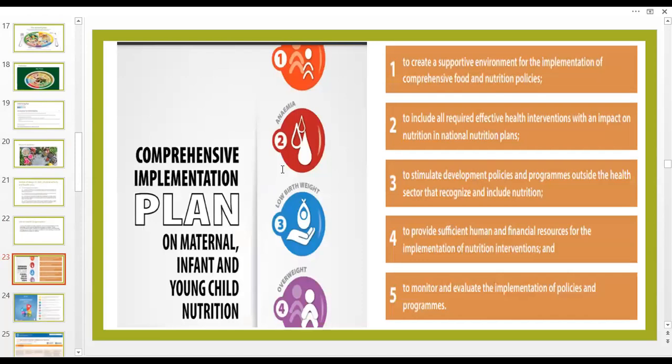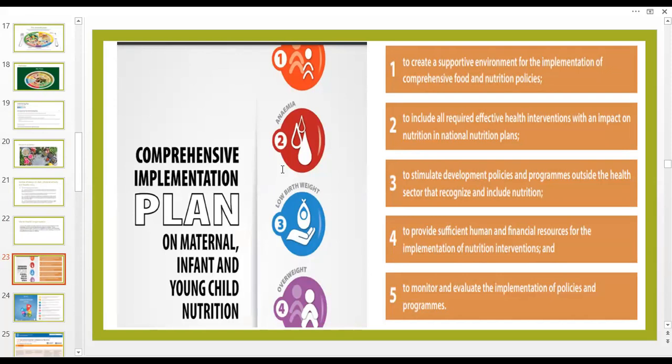Now WHO has another program for balanced diet, the comprehensive implementation plan on maternal, infant, and young child nutrition. These age groups are high risk groups for developing micronutrient and macronutrient deficiency.